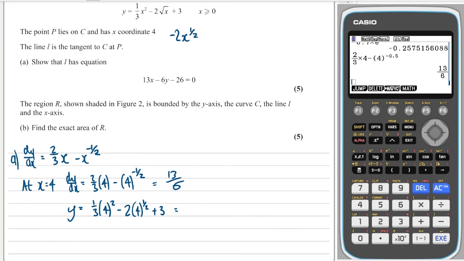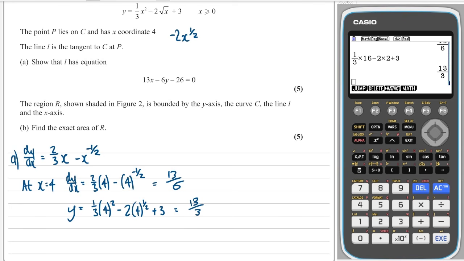And again, let's put that into our calculator. 1/3 times 4 squared is 16, minus 2 times 4 to the power of half, which is the square root of 4, which is just 2, and then plus 3, just to speed things up. So that's 13/3.